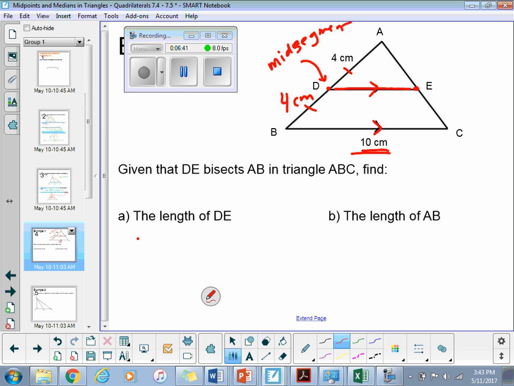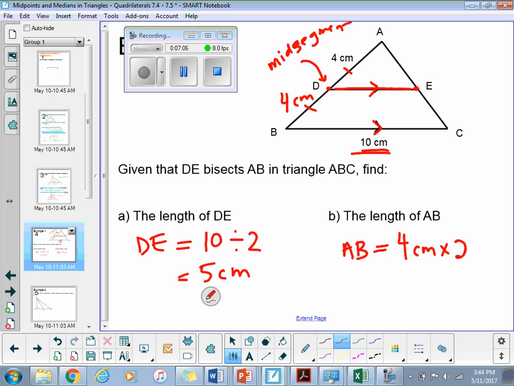So in this case, DE is going to equal 10 centimeters divided by 2, so it's going to be 5 centimeters. And then the length of AB, well, earlier we found out that DB was 4 centimeters, so AB is going to be 4 centimeters times 2, so AB will be 8 centimeters.